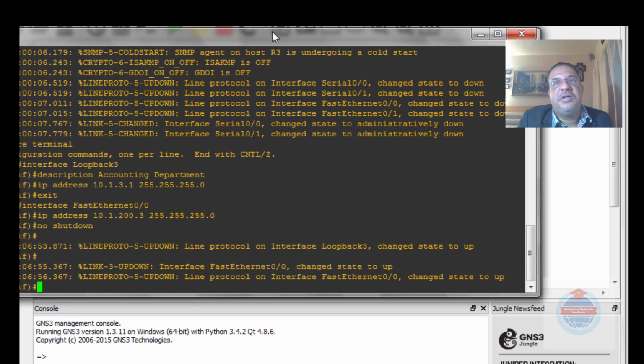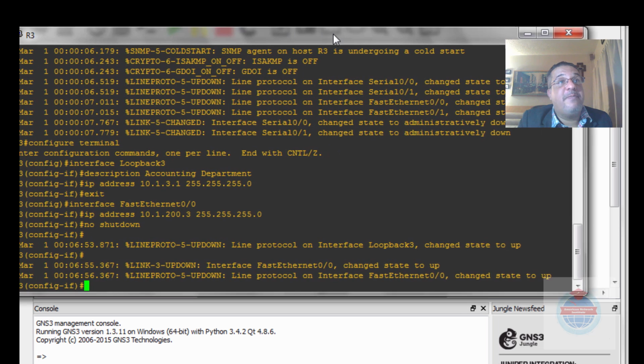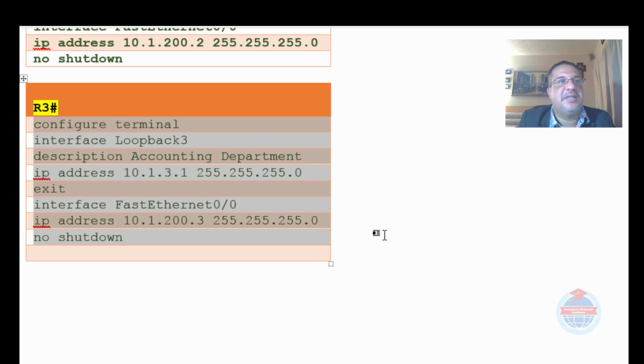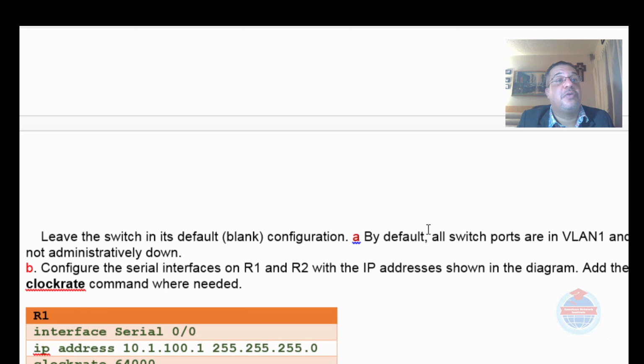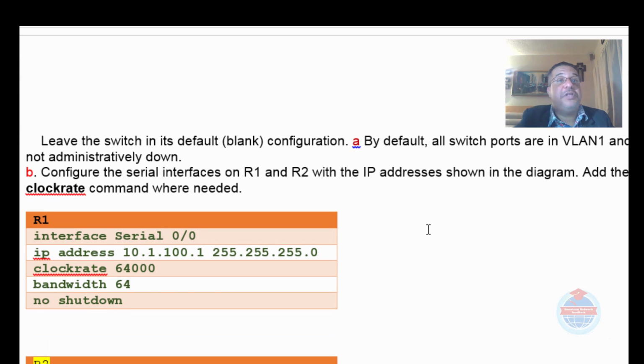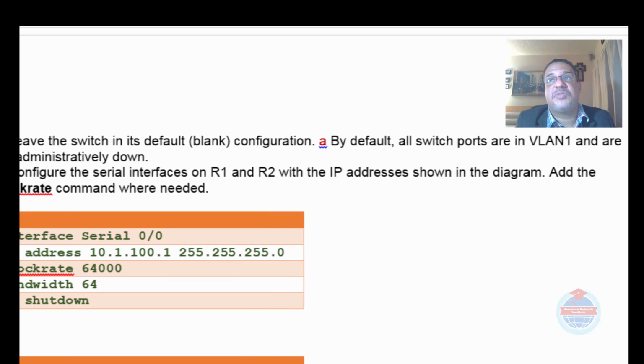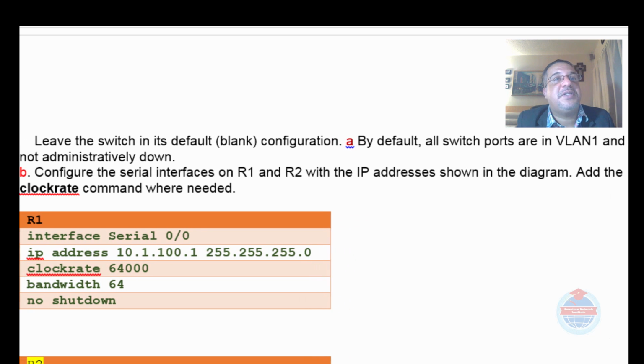As you can see over here, everything is up, and I am very happy because of that. Excellent, guys. So let's check on our exercise. So far, so good. Leave the switch in blank configuration, blah, blah, blah. By default, all switch ports are on VLAN 1. We already know that, guys. And are not administratively down.